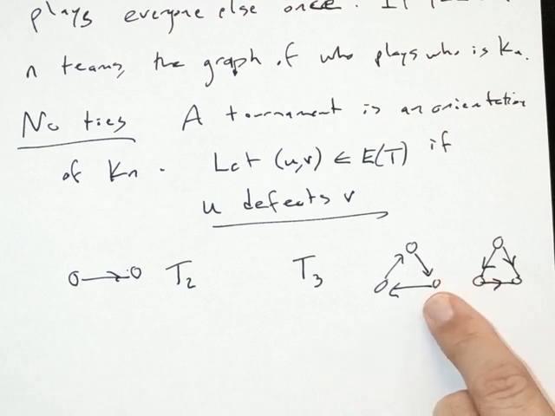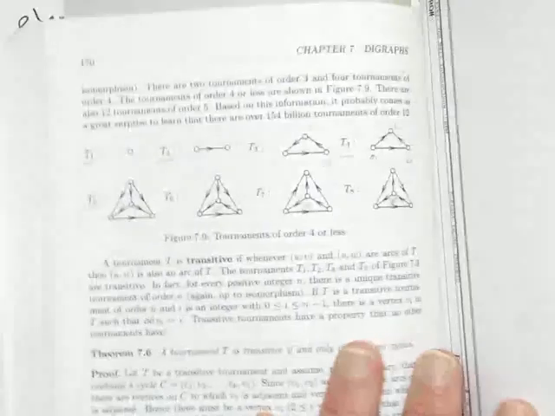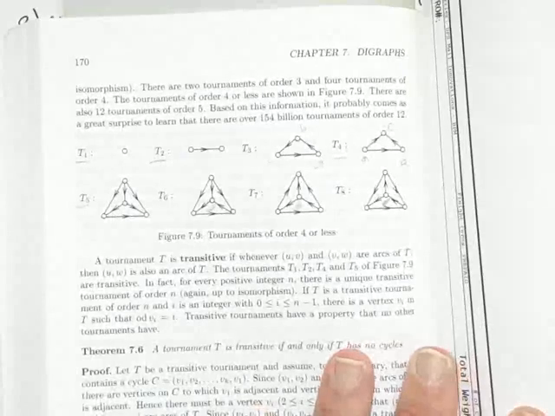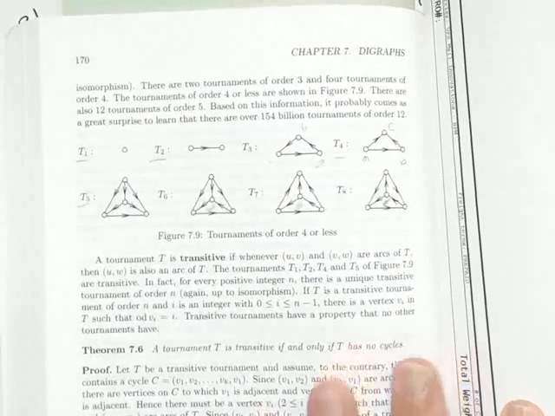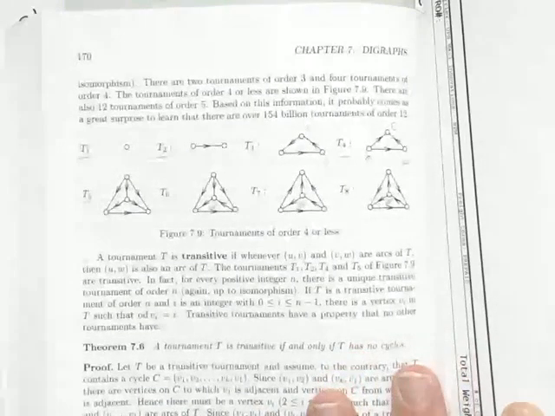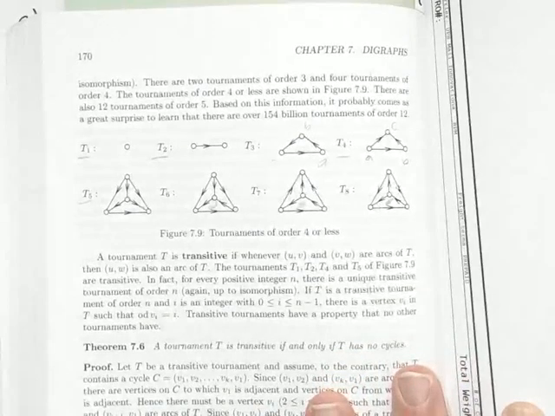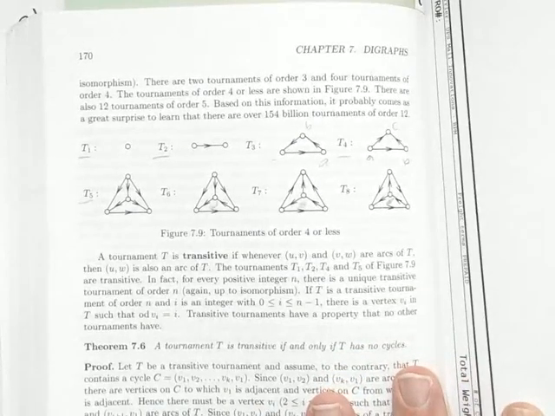Here, I don't. If I go to a tournament with 4 teams, then there are 4 non-isomorphic graphs. This is page 170. 1 team, 2 teams, 3 teams, 4 teams.